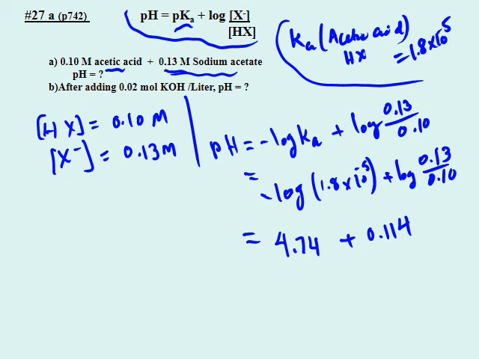So this gives me 4.85, and I'm rounding off. So the pH for this buffer solution is 4.85.